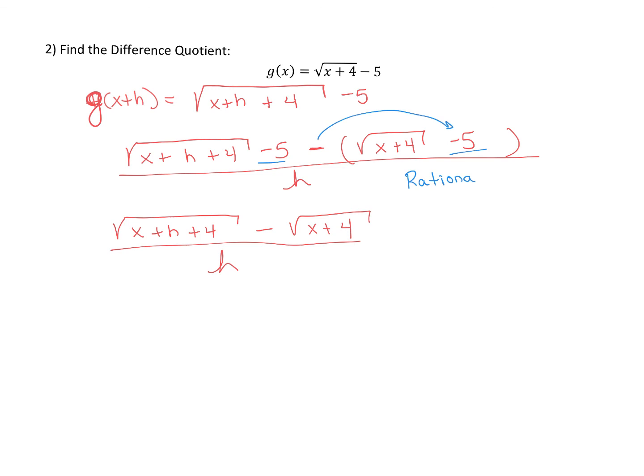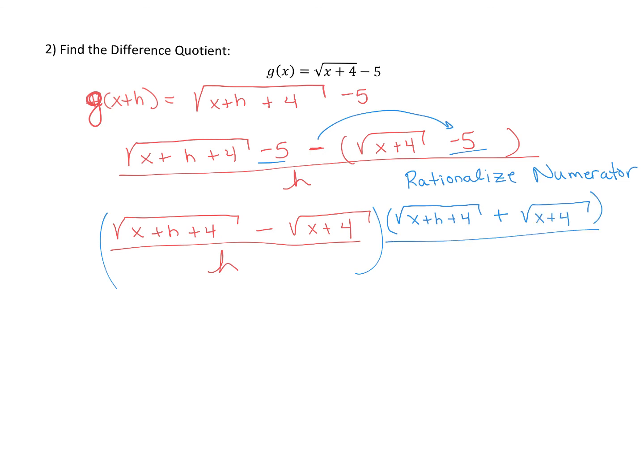And we do that by multiplying by the conjugate of the numerator. So we're going to multiply by the square root of x plus h plus 4 plus the square root of x plus 4 on the top and also on the bottom.